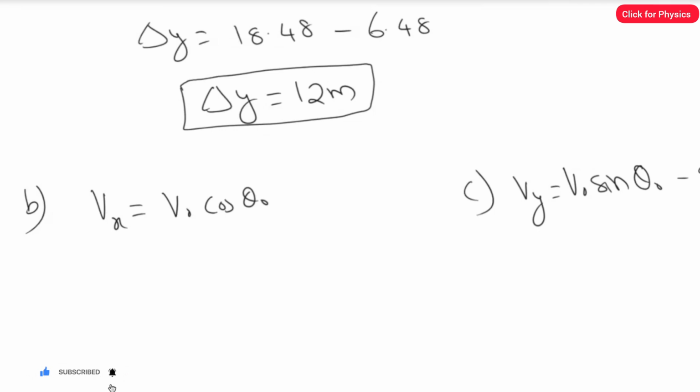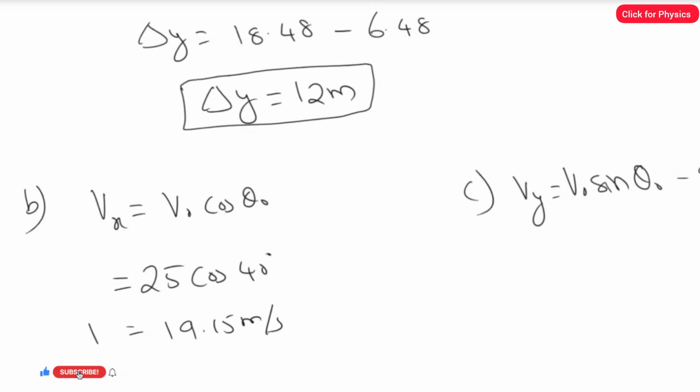So let's substitute the values, then we will get the answer for part B and part C. For part B, v naught is 25 multiplied by cosine of 40 degrees. I got the answer as 19.15 meters per second. That will be the answer for part B.